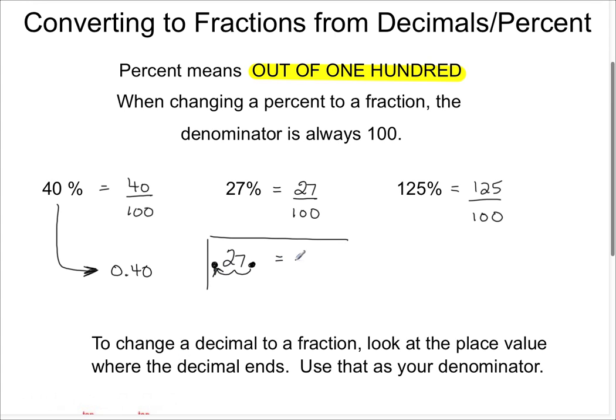So this 27% is 0.27. And one more here, 125%, where's the decimal? Well, if there is no decimal, it's right at the end, just like that. And we need to shift that decimal point back 2 places, 1, 2. So that is equal to 1.25 as a decimal.